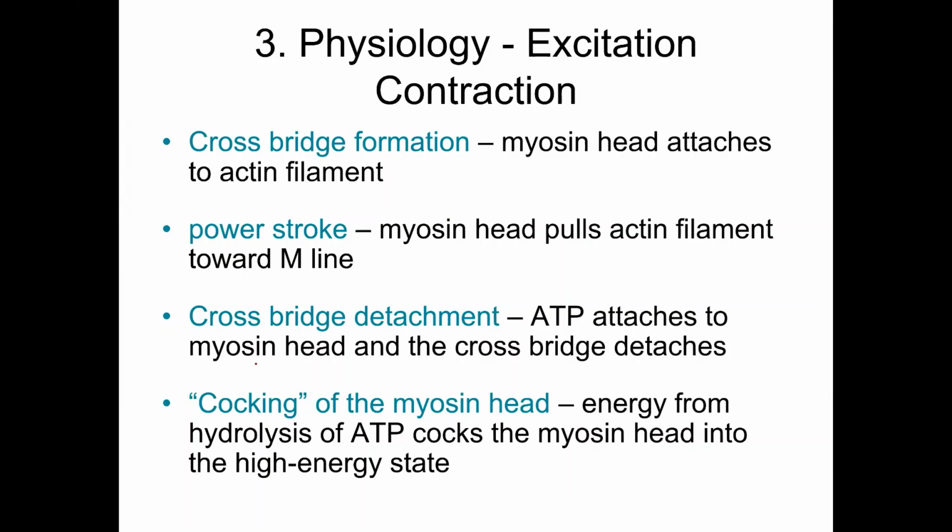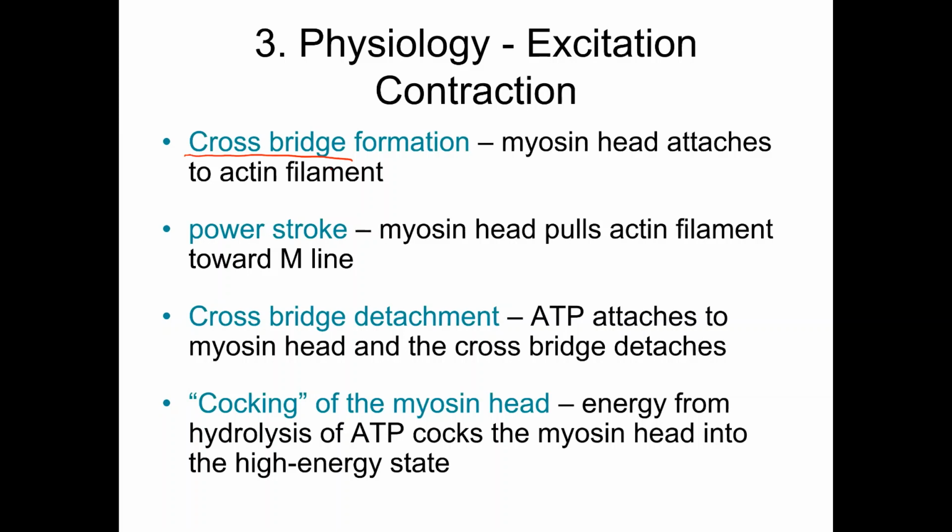So there's a couple of terms that you need to be familiar with when it comes to actin and myosin and the myosin heads latching on. One of them I've used, and that's this term cross bridge. Anytime myosin attaches to actin, we call that a cross bridge.